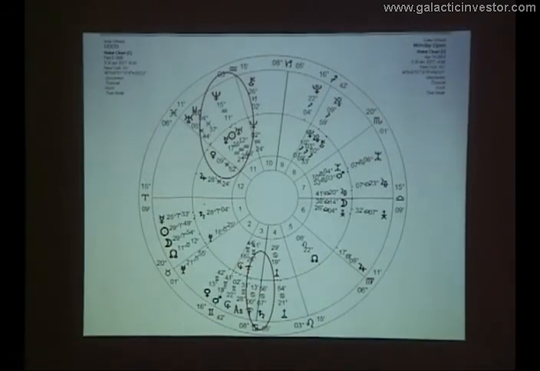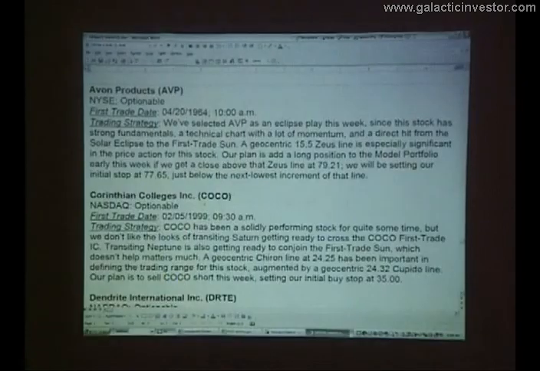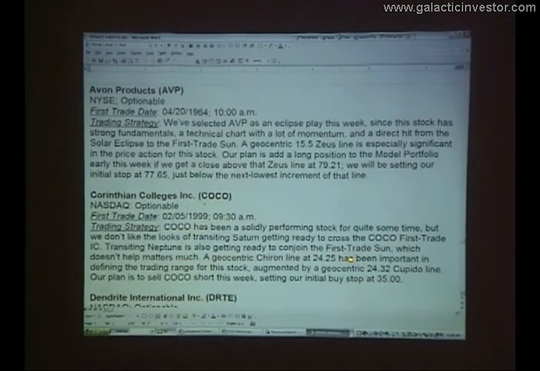We've not looked at the chart yet. Also, and this is what I'm saying in the newsletter, I'm looking at transiting Neptune conjoining the Sun, Saturn getting ready to cross the first trade IC. This has us setting up for a possible short.